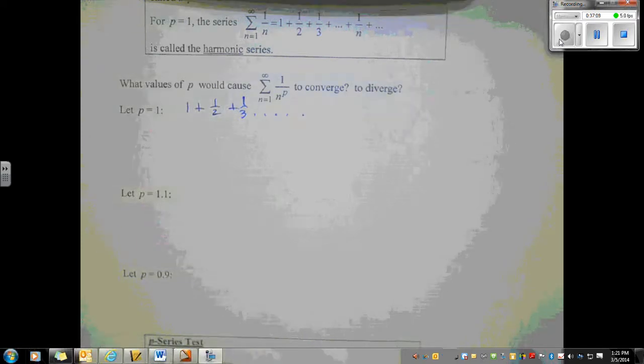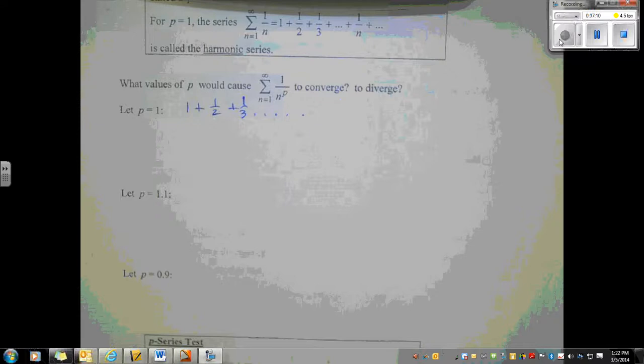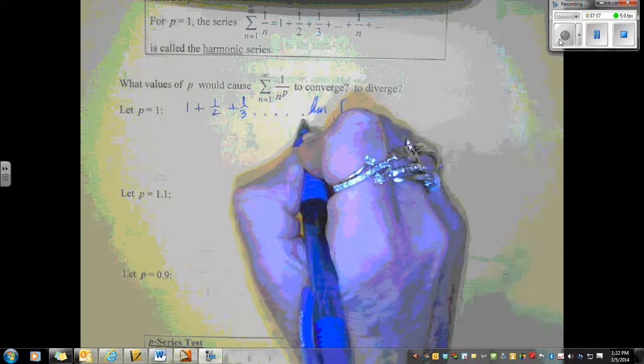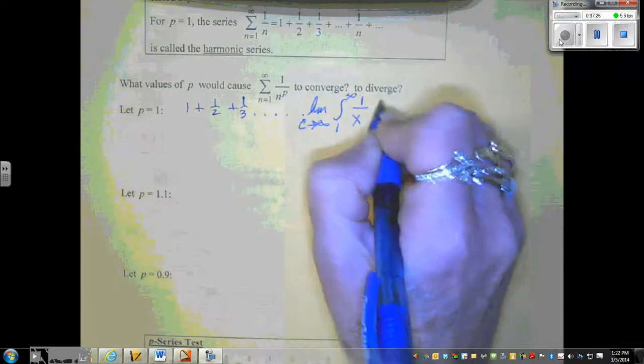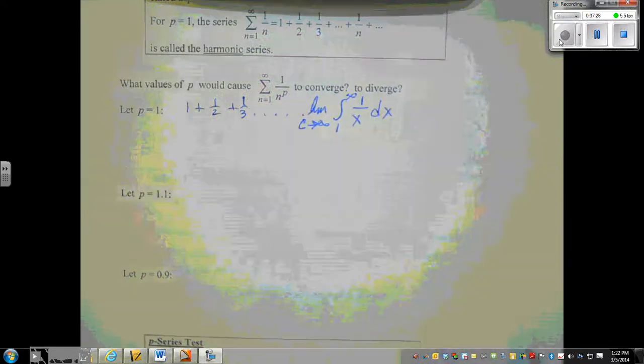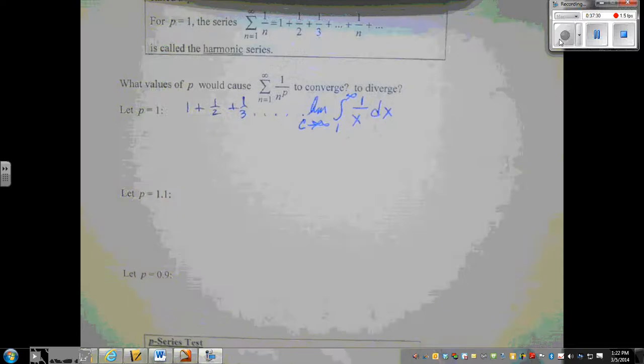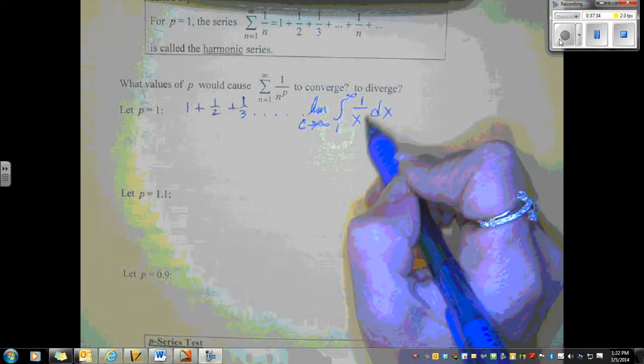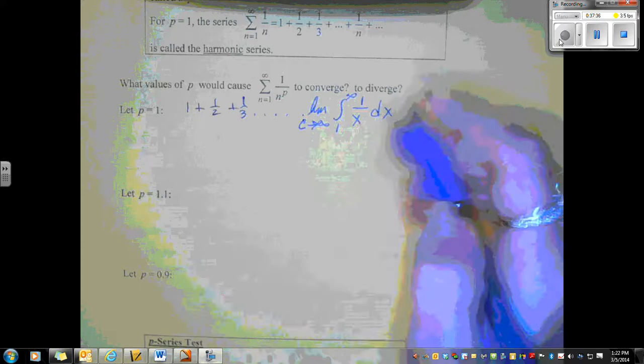So let's integrate this. We have the limit as c goes to infinity of the integral from 1 to c of 1 over x dx, because if I put 1 in, I get 1, if I put 2 in, I get 1/2, if I put 3 in, I get 1/3. So what do we get?